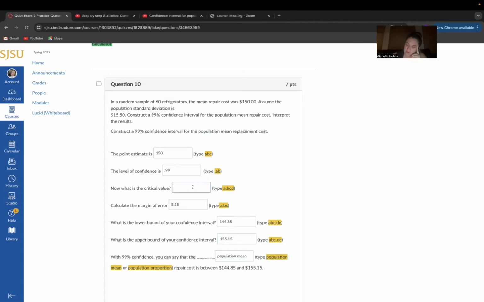And then the critical value. What is the critical value? The critical value is going to be 2.576.